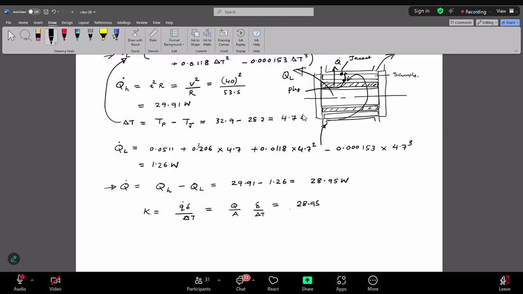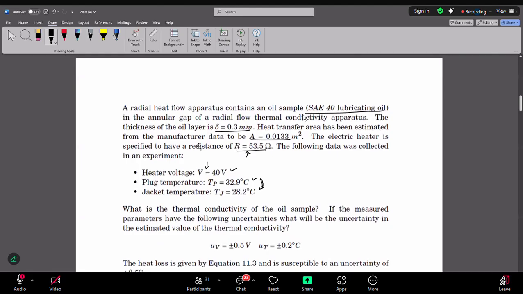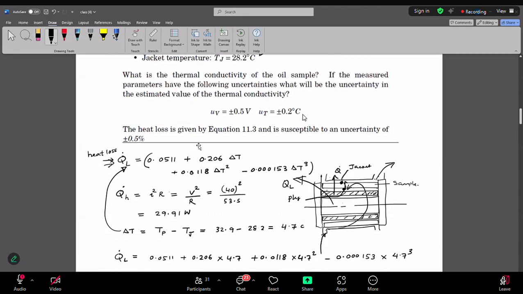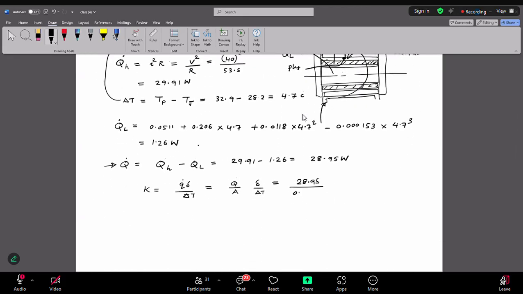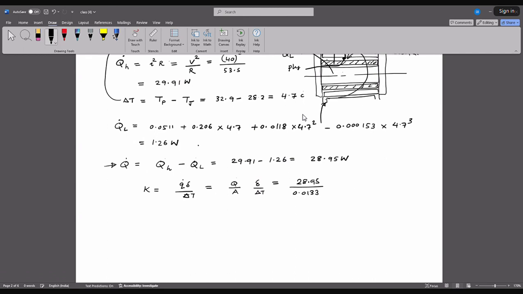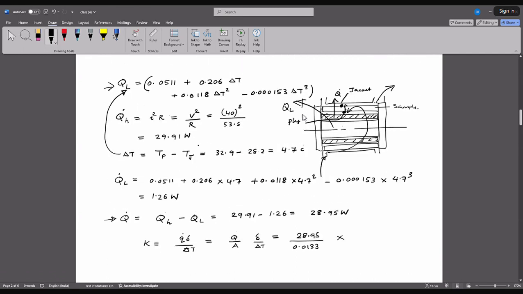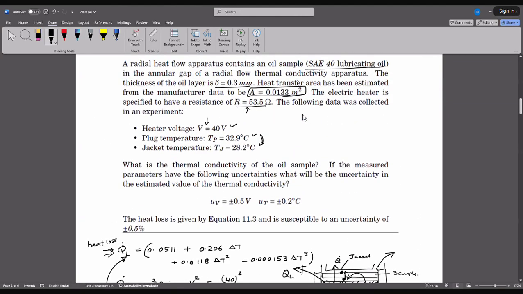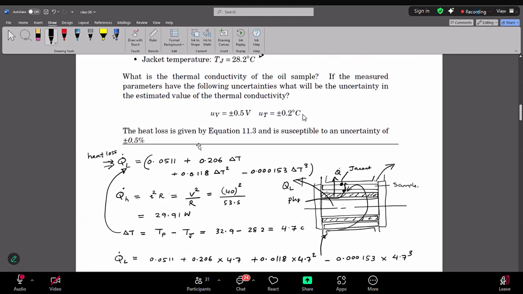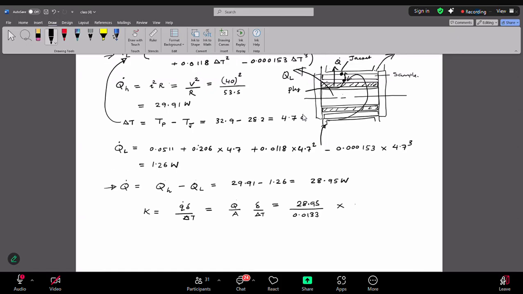The surface area through which heat transfer happens is calculated to be 0.0133 meter square, into delta. The thickness of the sample is 0.3 mm, that is 0.0003, divided by delta T, which is 4.7 degrees centigrade.